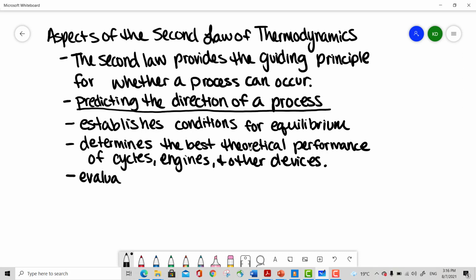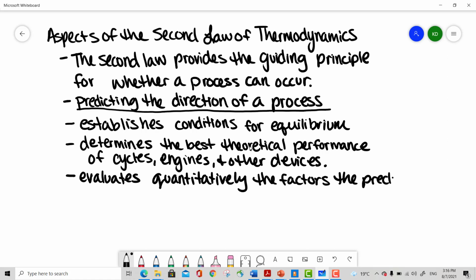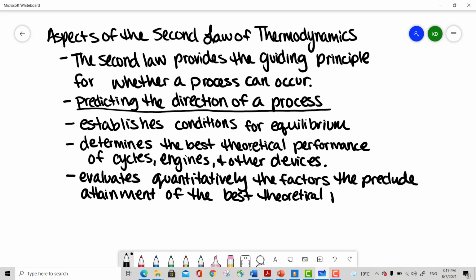Then it evaluates quantitatively the factors that preclude attainment of the best theoretical performance level.